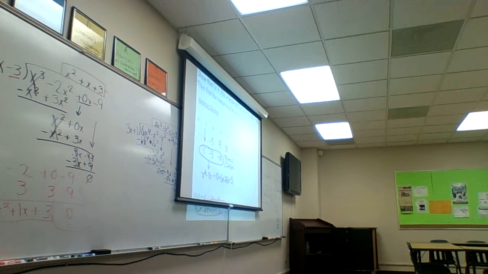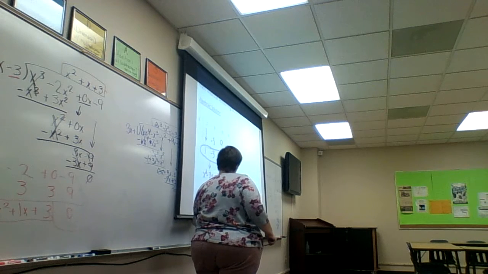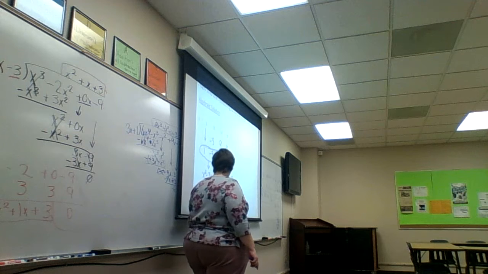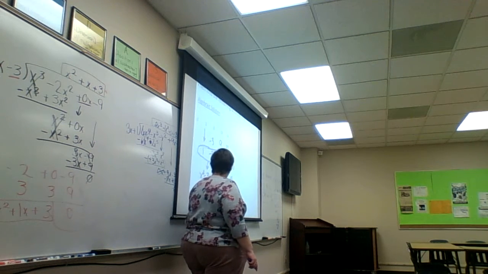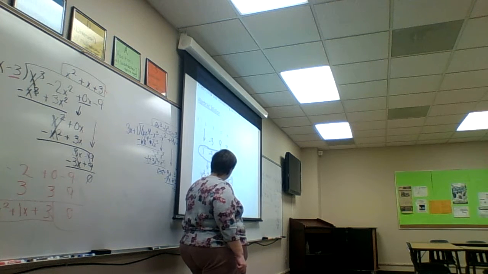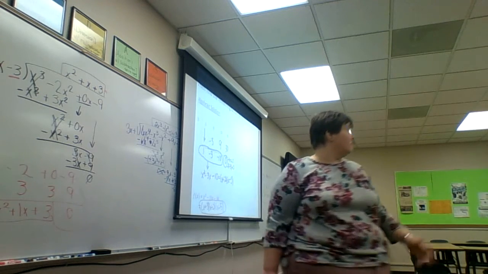Therefore, the complete factorization of f of x is x plus 3 times x plus 2 times x minus 5. Notice that I have a quadratic here where I can use my quadratic formula, or I can go ahead and use trial and error to get this factor. Do not forget when you answer it that you are to put that one in as well. So that is important. Those three are my factors of that equation.